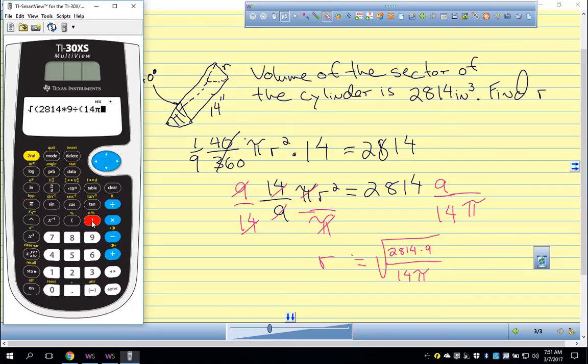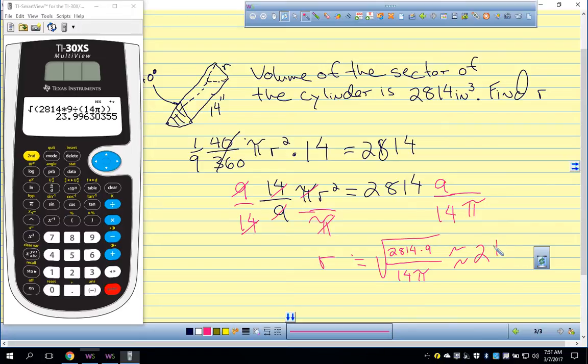Close the parentheses. Because if I go 2814 times 9 divided by 14 times pi, it's going to take this answer and multiply by pi. So I want to divide the whole thing by 14 pi, and then I just hit enter, and I get my answer, 23.99. So r is approximately 24 inches.